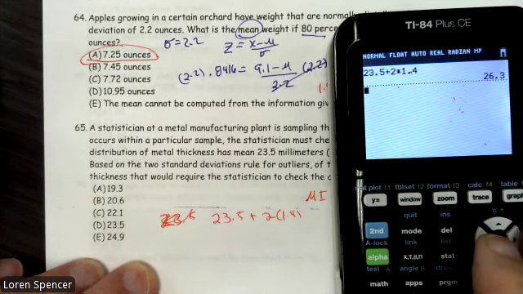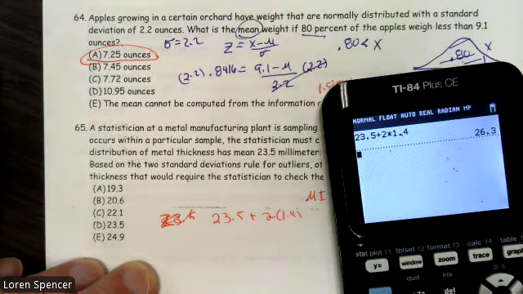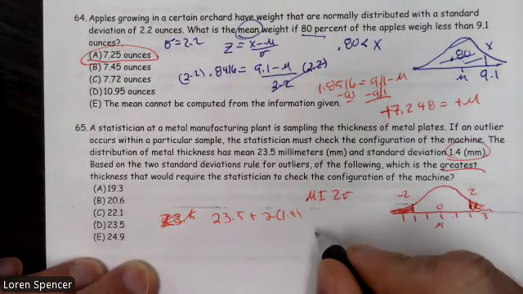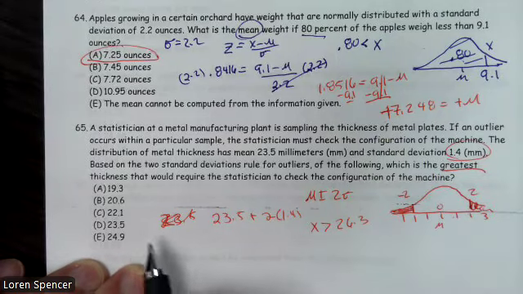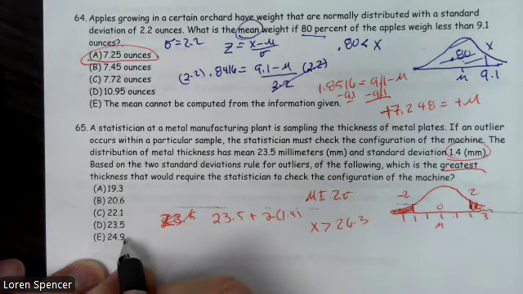And we get 26.3. So x greater than 26.3 is an outlier. There's no number bigger than 26.3.